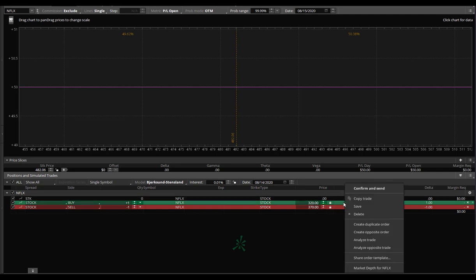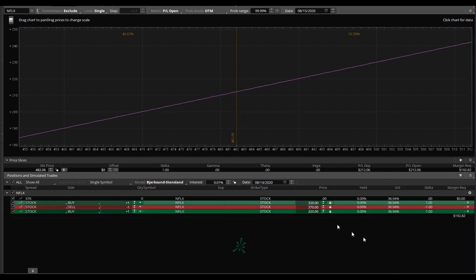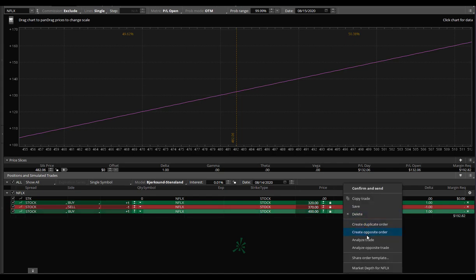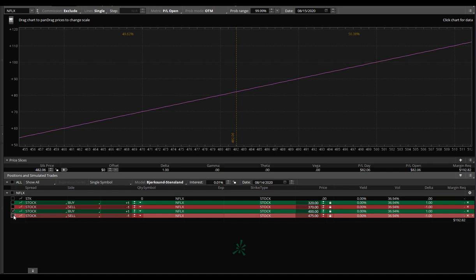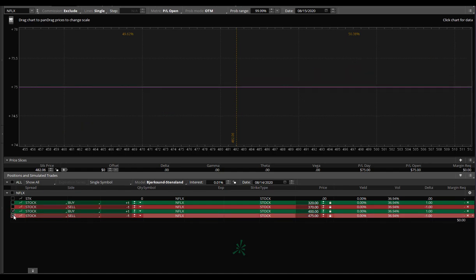Then later I got in at 400, and I got out at 475. Okay, so in this example, you got in 320, got out at 370 with one share, you made $50. You got in here at 400 and you got out at 475 and you made $75. So together, it's 125, right?